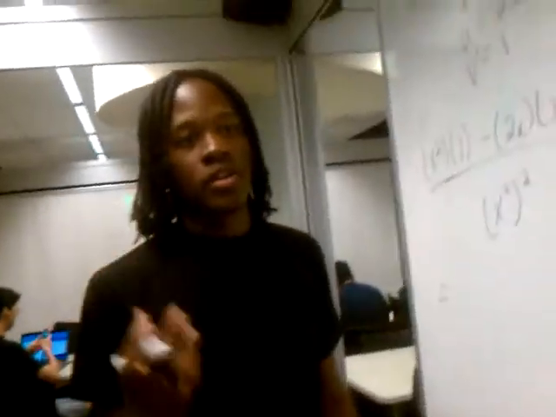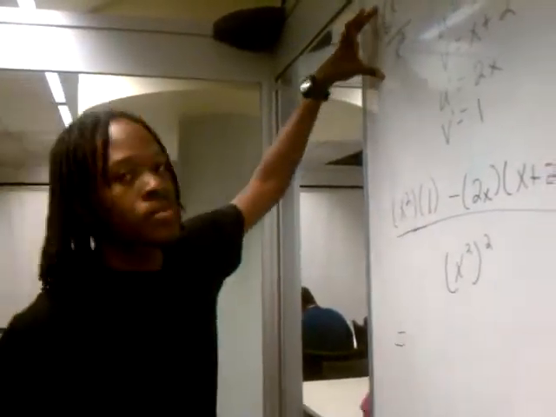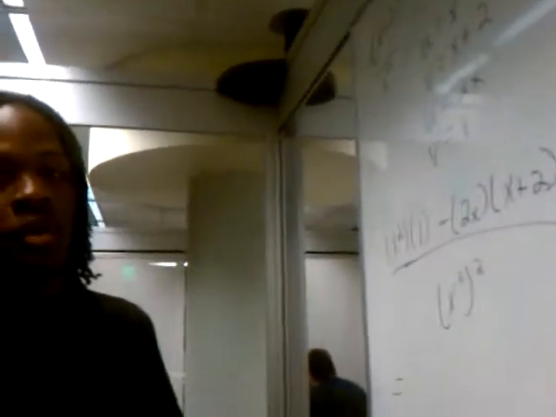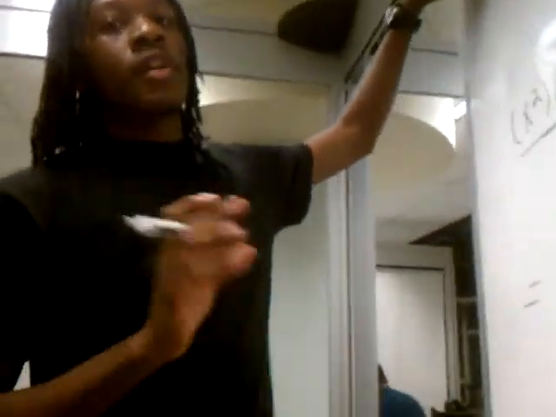Okay, so now we're going to do a derivative of this function here. In order to take derivatives, sometimes you may use these formulas based on the function that's given. For this one, we know that it's a quotient.